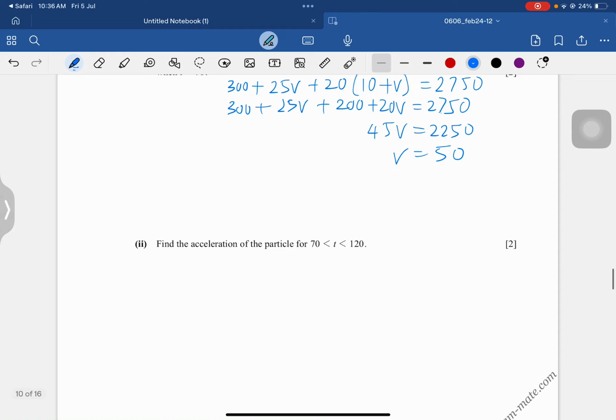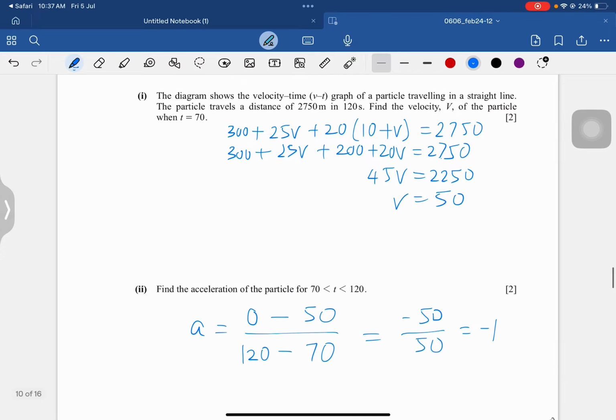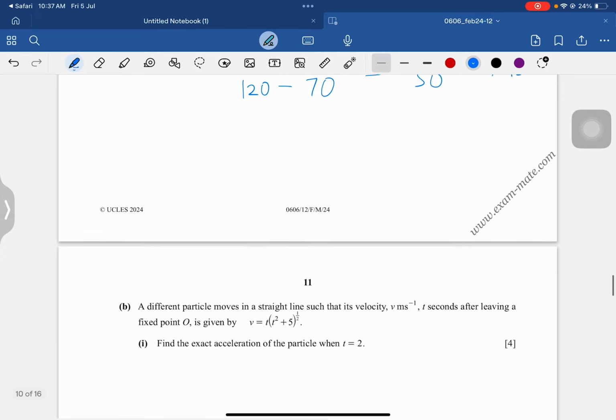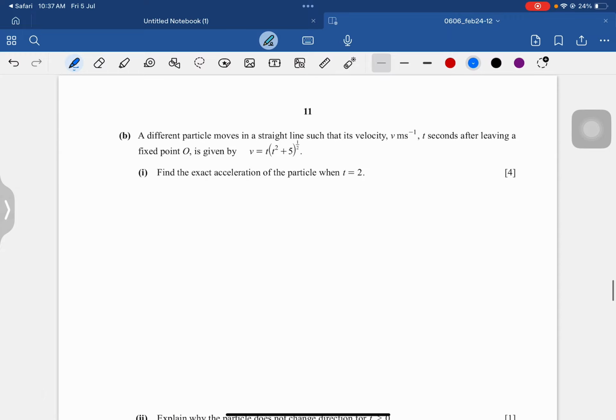So acceleration, the formula is final speed, which is 0, minus initial speed, which is 50, over final time minus initial time, minus 50 over 50, which is minus 1. If you want, you can put some unit inside also. ms negative 2. Okay, B.